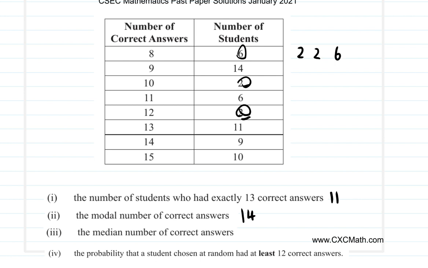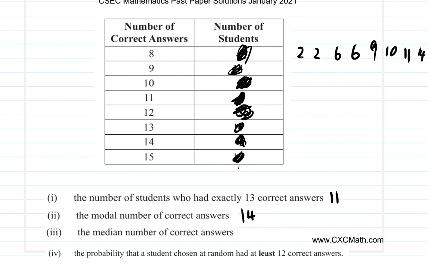These 2 are gone. This 6 is gone. There's another 6. So that's gone. Next number, 9. So this 9 is gone. Next number is 10. Then 11. And then 14. Good. So they are in order.